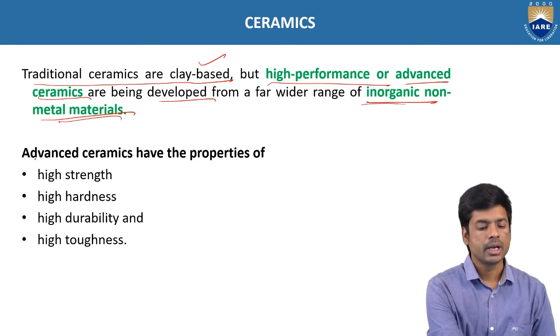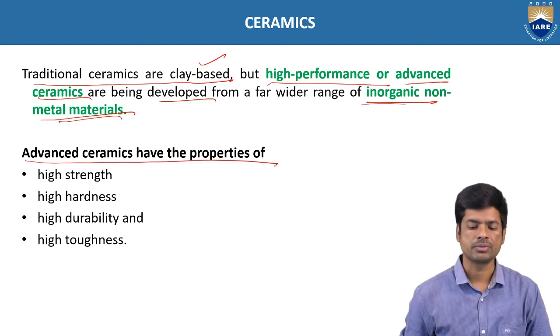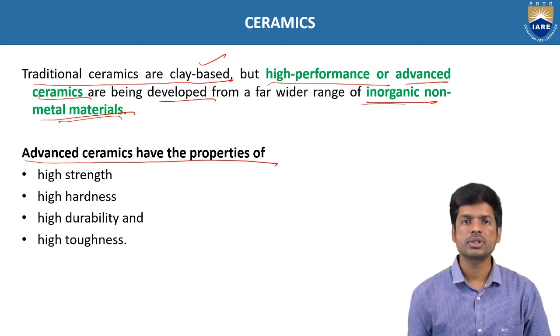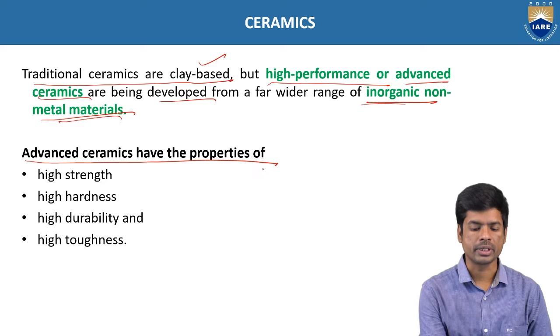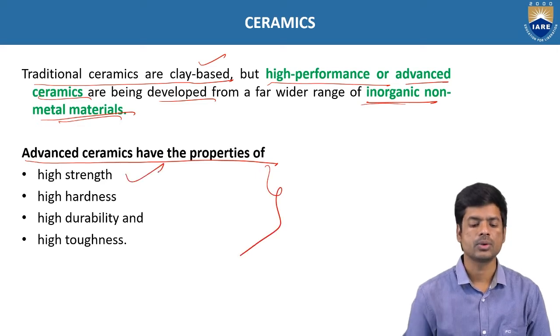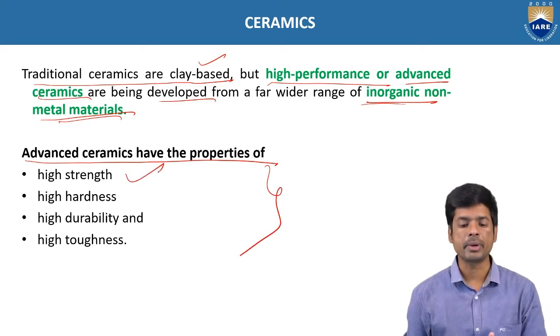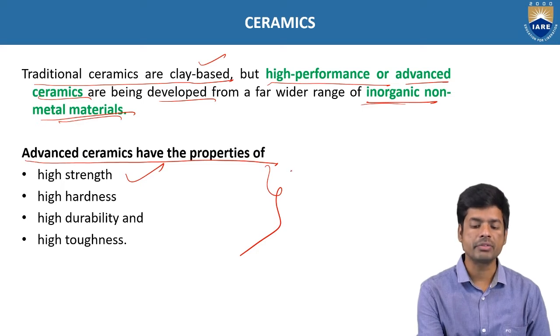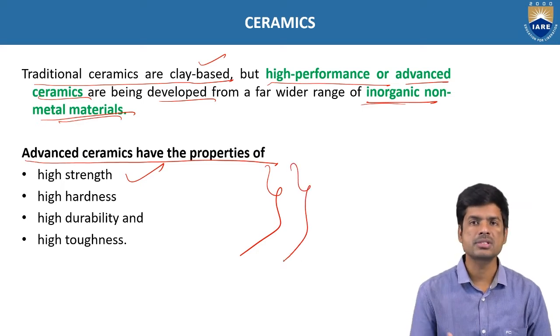Advanced ceramics have the following properties, in comparison with clay-based ceramics. Just remember that point. When you compare with old, traditional, clay-based ceramics, these are some of the advantages of advanced ceramics.